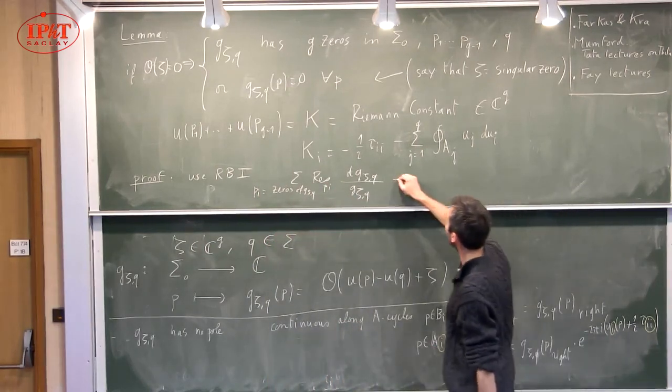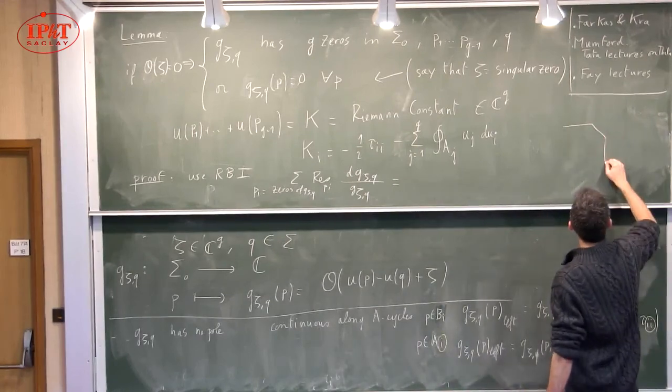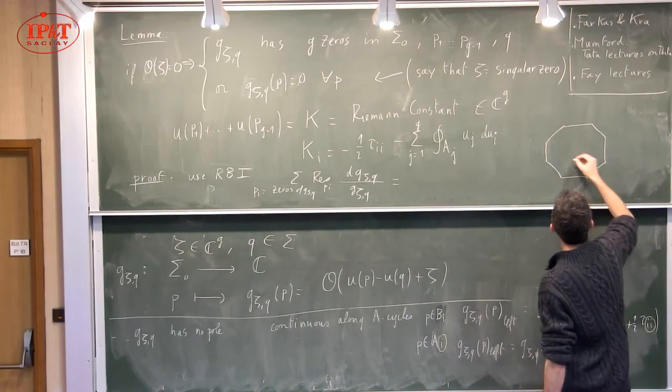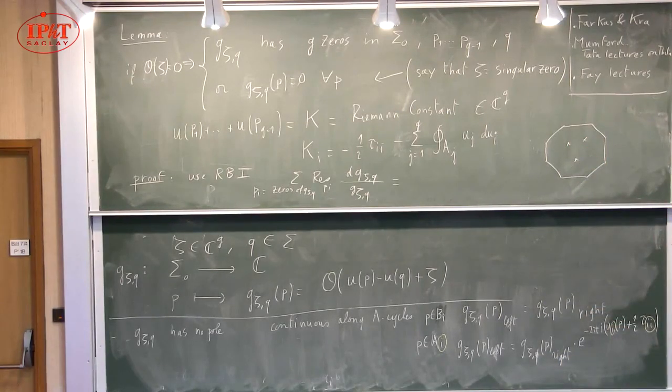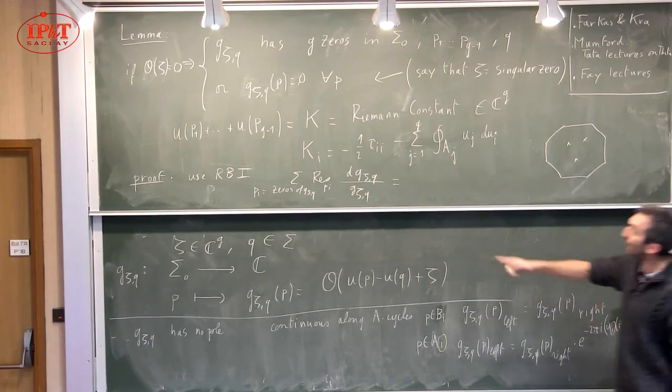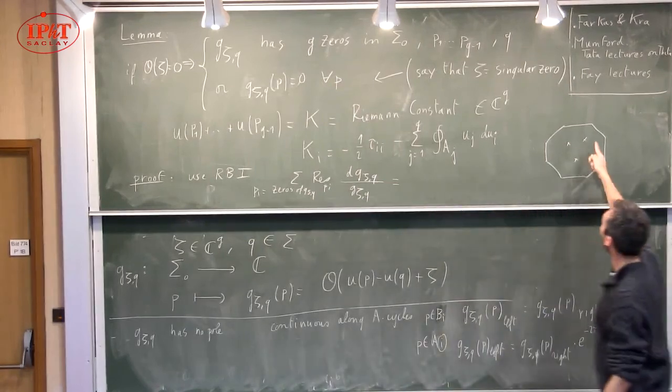Okay. So if we have again our big polygon, g zeta Q has a certain number of zeros. Its logarithmic derivative has poles there.